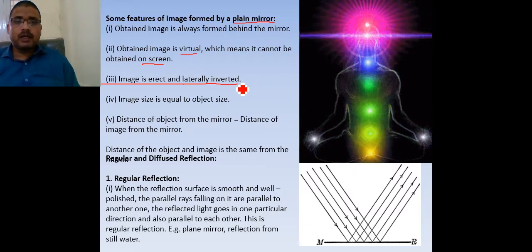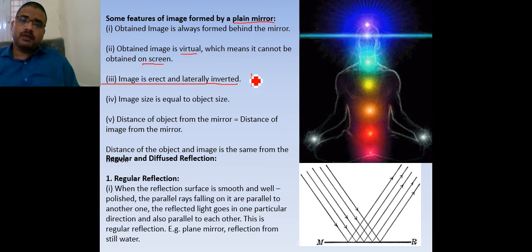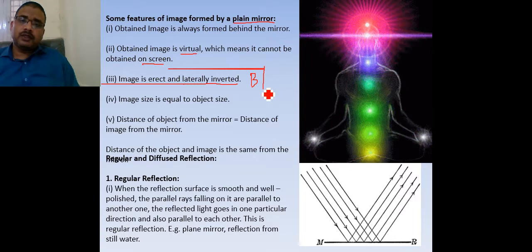If you talk about alphabets, A looks the same, but if you see B in a plane mirror, an inversion takes place and it looks like this.